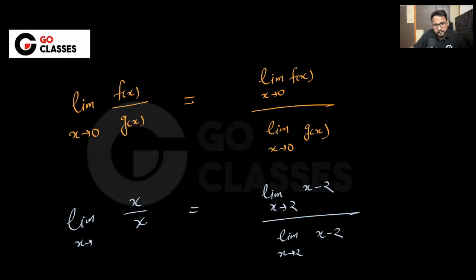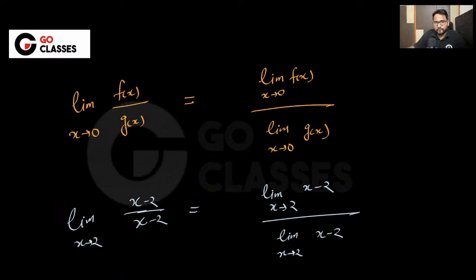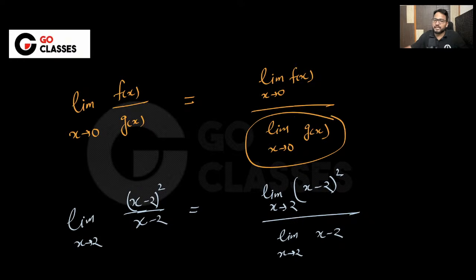Tell me, is this the correct way? Can I write something like this? Or maybe let me take a square here. Can I write something like this? The answer is no. Why? Because this denominator is actually 0. If the limit is 0, then obviously it doesn't make any sense.